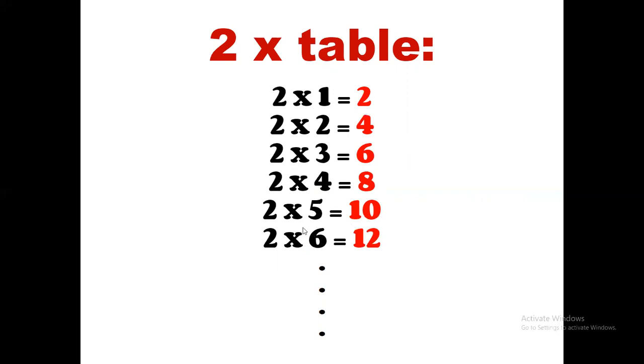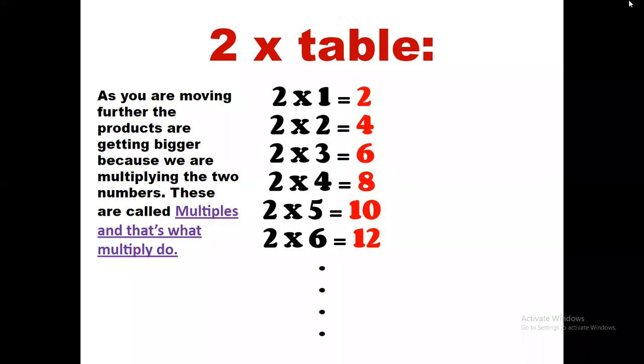That's what multiplication does. It makes your number bigger as you move further. Here you can see that the products are getting bigger because we are multiplying the two numbers. These are called multiples. Multiples basically are the products where you multiply the multiplier and the multiplicand.